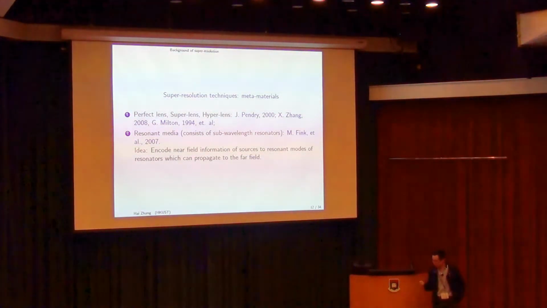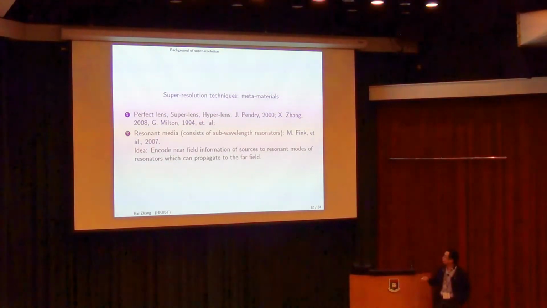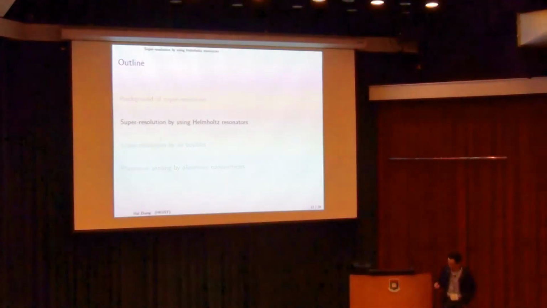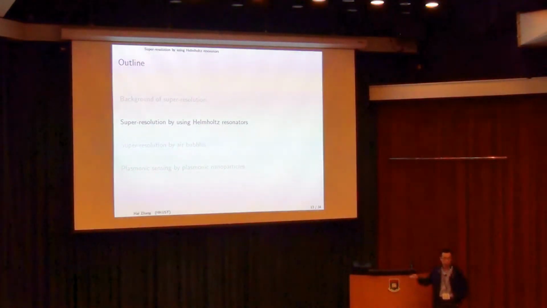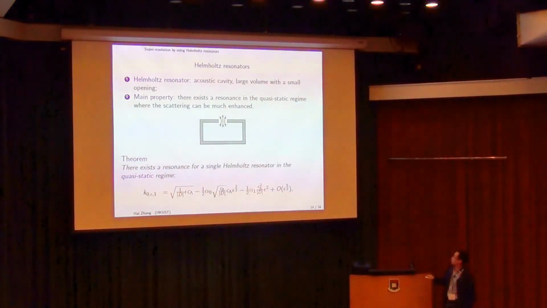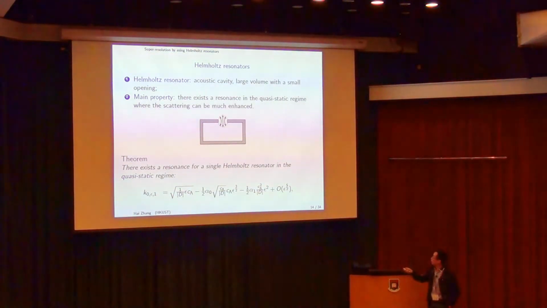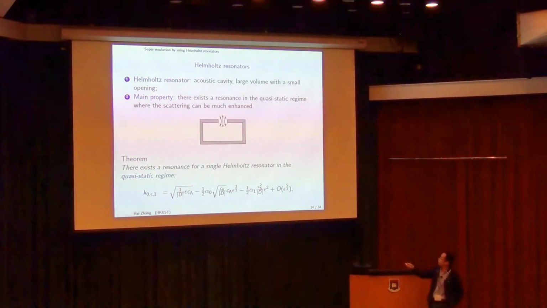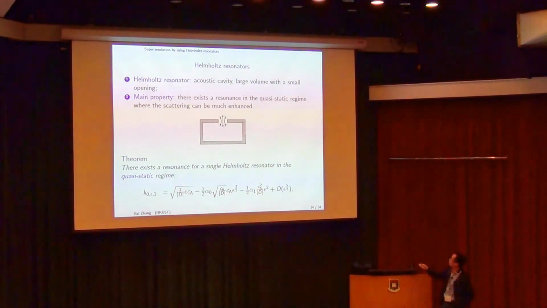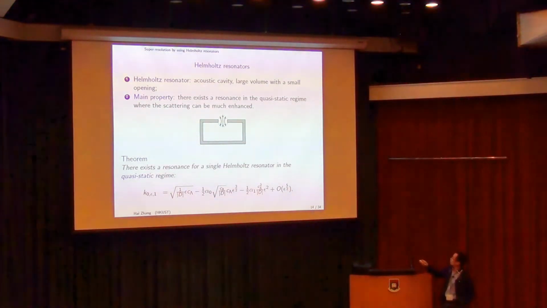So I will show two examples to demonstrate this idea. The first example is about the Helmholtz resonators. A Helmholtz resonator is an acoustic cavity with a very big volume and a very small opening. The main property of this Helmholtz resonator is that when the incident wave has frequency close to the resonant frequency, the scattering is much enhanced.